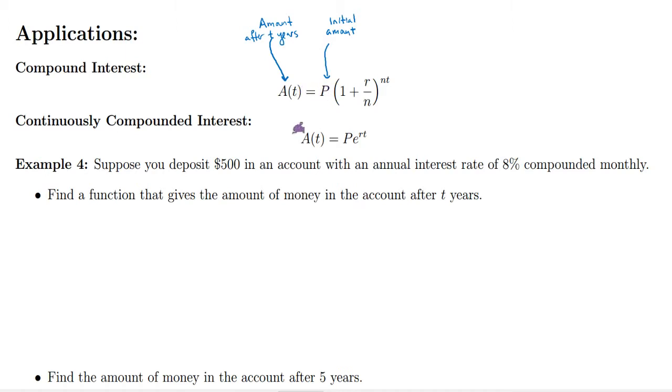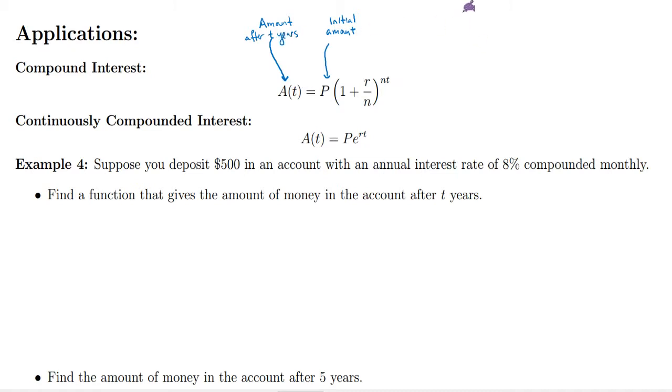But if you were, say, investing the money instead of taking out a loan, let's say you were going to put the money in some kind of investment that will grow, like a savings account, or maybe the stock market, and hopefully get some return, then we have a nice formula for it. All you have to do is take your initial amount and multiply by this factor here. If it was a loan, it'd be nice if this was decreasing. But if this is an investment, you want this to increase, right? You want the amount that you have to increase over time. So that would be the amount after t years.